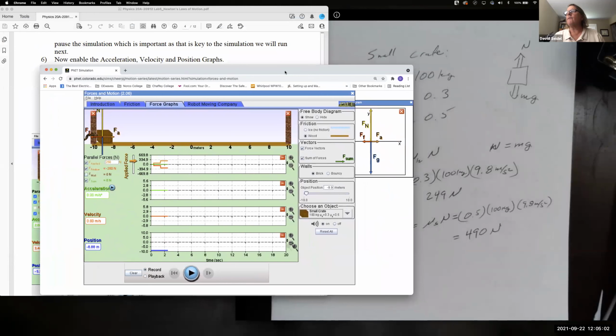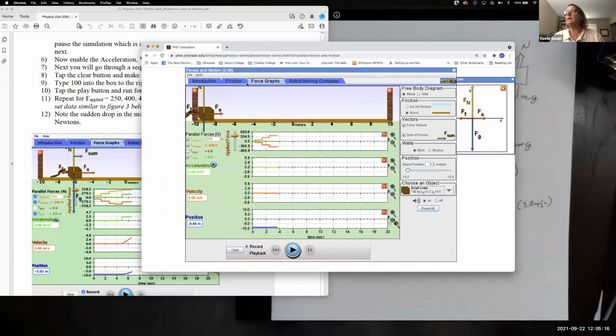And then I'm going to go to 400. Run that here. We're going to go to 450. Show that it's still not moving. And then we're going to go to 500.